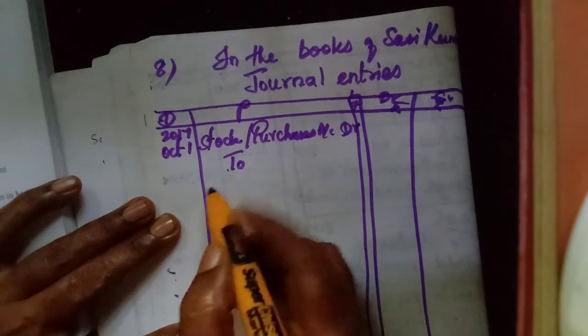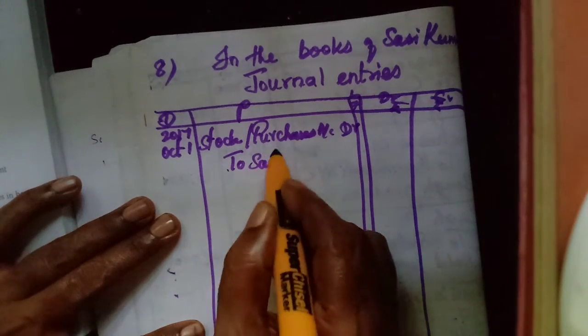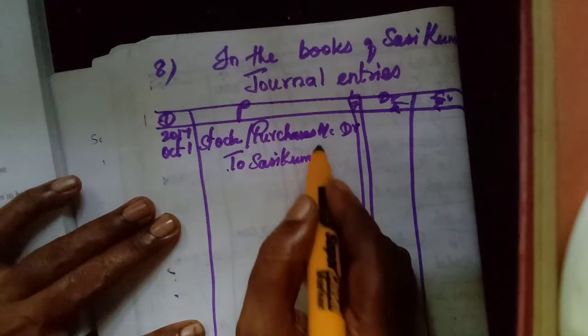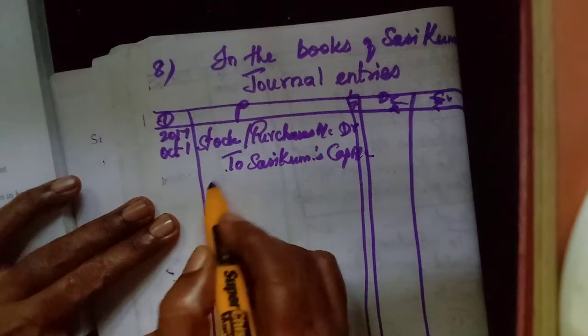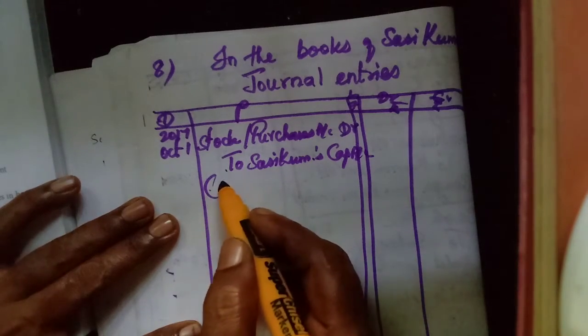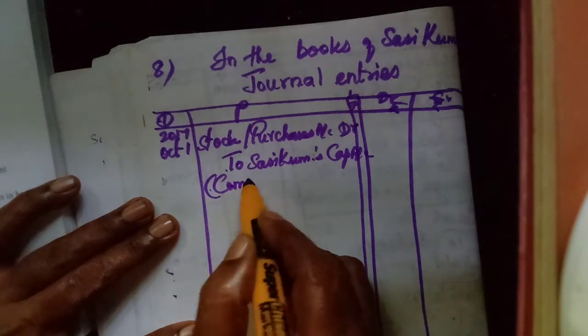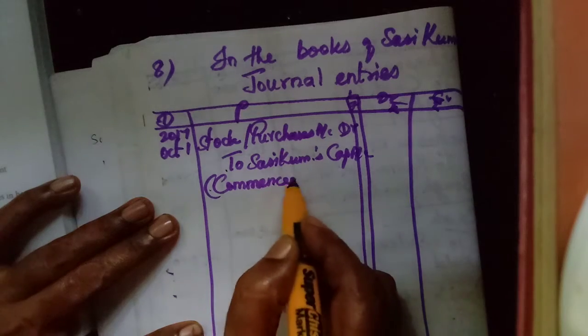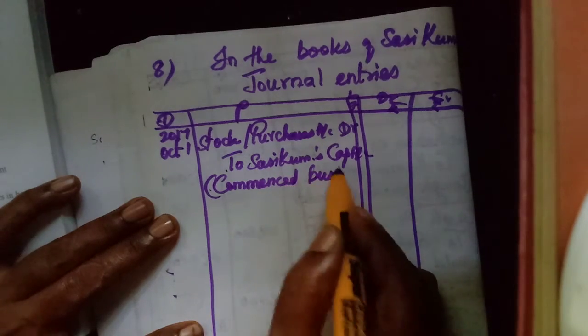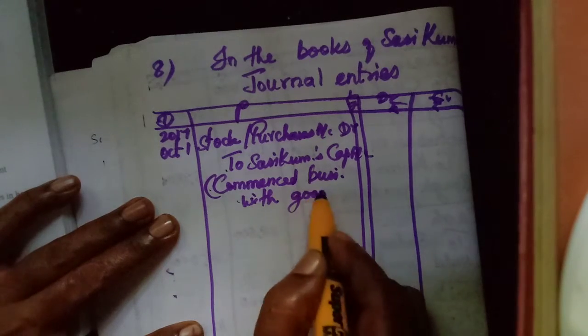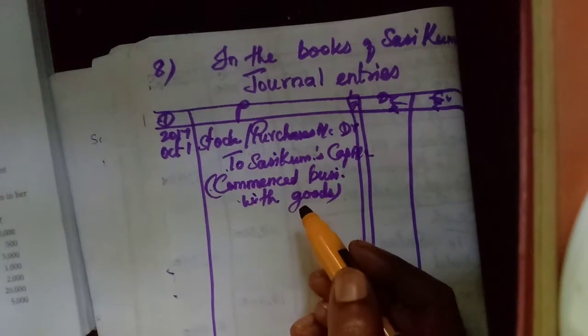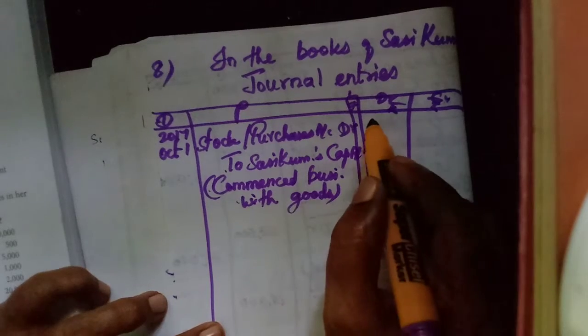Sasi Kumar's capital account. Commenced business with goods. 40,000.